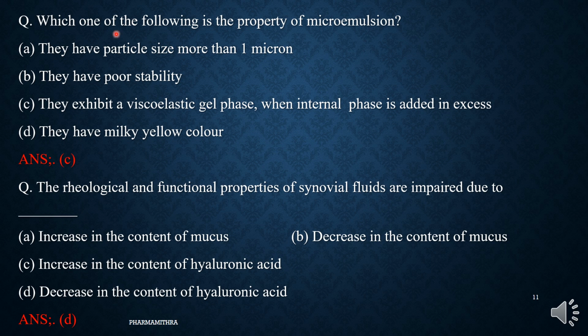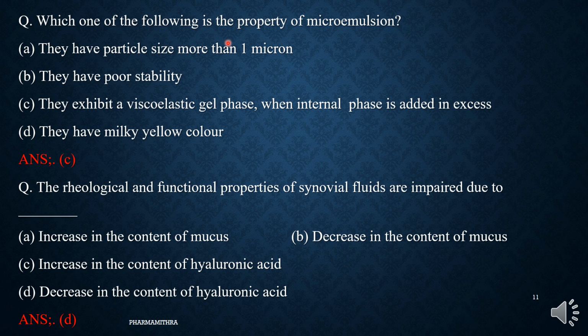Next question, which of the following is the property of microemulsion? We know that microemulsion size is between 10 to 100 nanometer. So more than 1 micron is wrong, and poor stability is also wrong, but thermodynamically stable is a property of the microemulsion, and clear translucent is also correct, but option D is wrong.